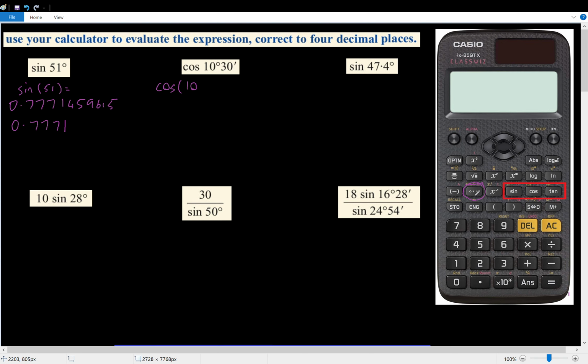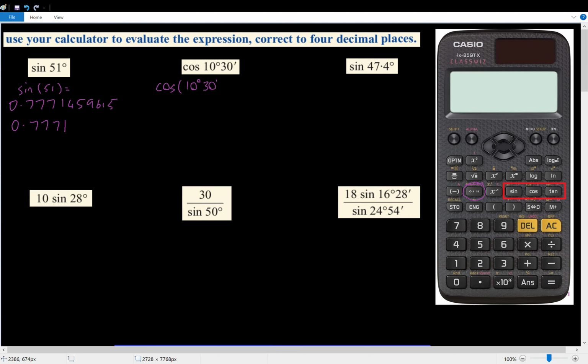Now if your calculator doesn't have that, it might have a button that has DMS written on it, and you would press that instead. What that'll do is give you a little degree symbol just by the 10, and then you can put in the 30, and then you're going to have to push the button again, and your calculator will either give you another degree symbol or the little dash like that. But one way or the other, that's it done.